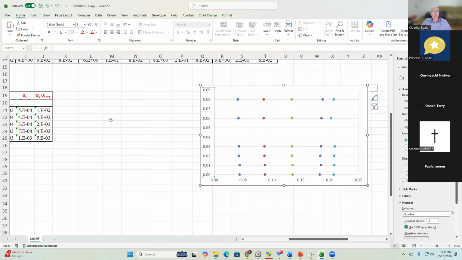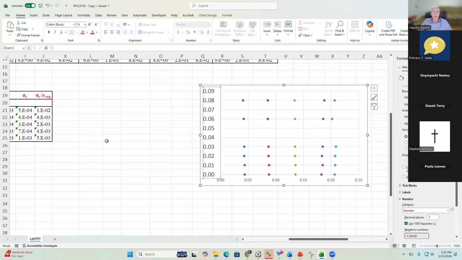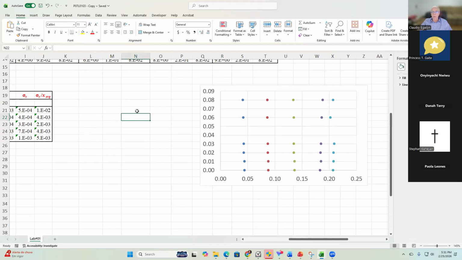Yeah, you gotta click on home. Home tells you what the font and the font size are, right? What I suggest to my students is to use font size 14. Otherwise, it's going to be difficult for me to read that. Remember, I'll be correcting it here. Here you go. Right? And do the same 14 font size here. When you write a scientific paper, you have to do all of that, okay? Make it look nice for publications. You don't want to publish a crappy graph that everybody's gonna have access to.